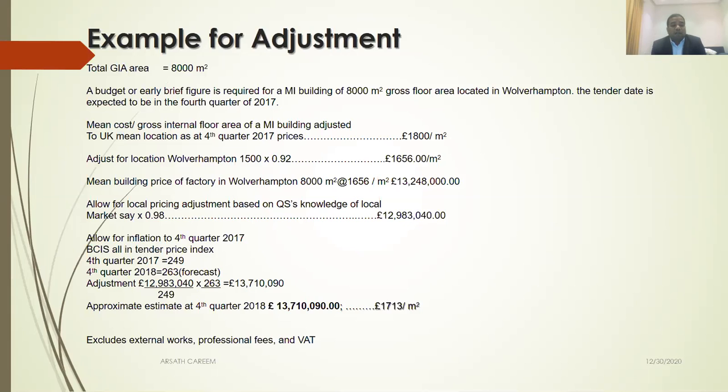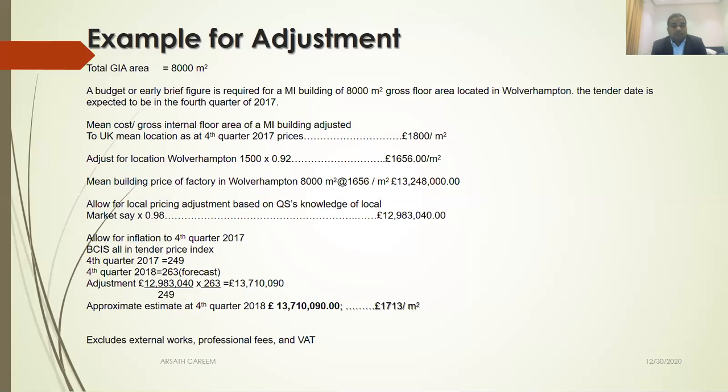For the fourth quarter of 2018, they are forecasting 263. Now you have to do a small adjustment for one year, 2018 fourth quarter. So 249 to 263 multiplied by the previous sum 12.983, and you will reach 13.7 million if you want to build one year later.